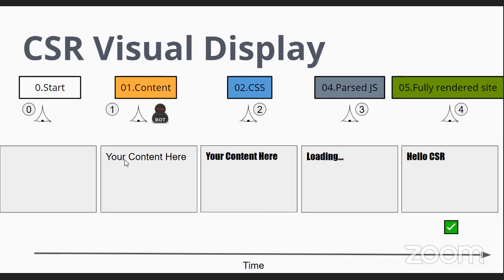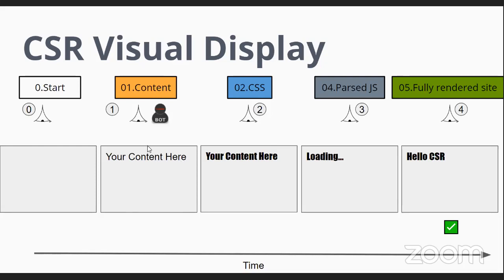Okay. So what I have done here is basically broken down each and every snapshot or checkpoint, and made it show in this box. Each box here shows what the user is going to see on the browser. At the initial content, we saw the HTML page with your content here being rendered.